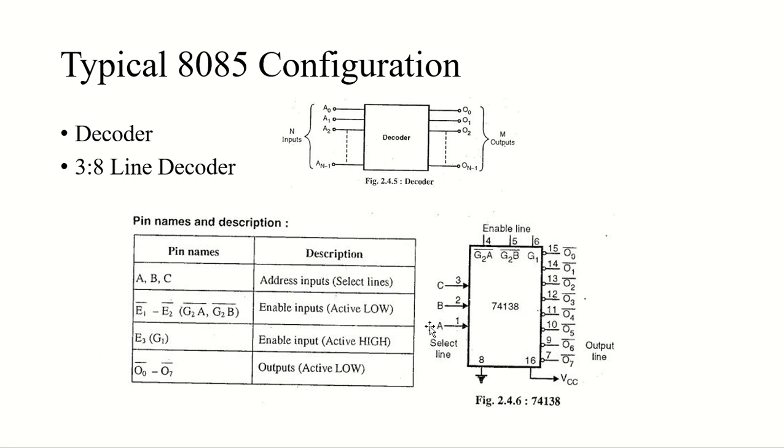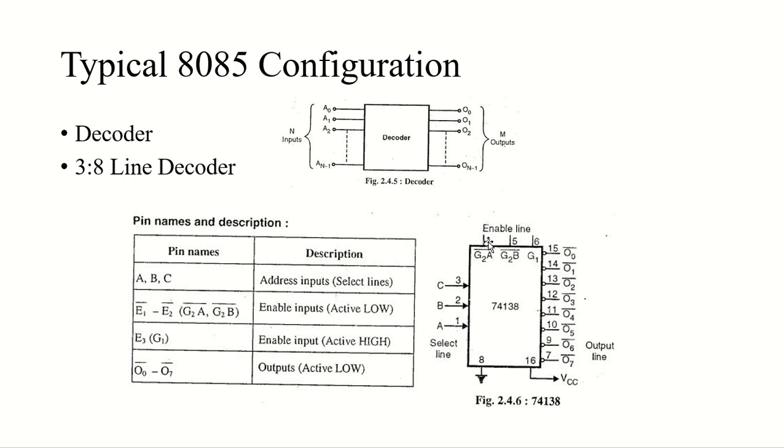We have 3 inputs which are address inputs or select lines. The names of the pins are A, B, C. Then we have 3 enables. You can see here 4, 5, 6. We have G2A and G2B, which are the enable inputs that stay active low.